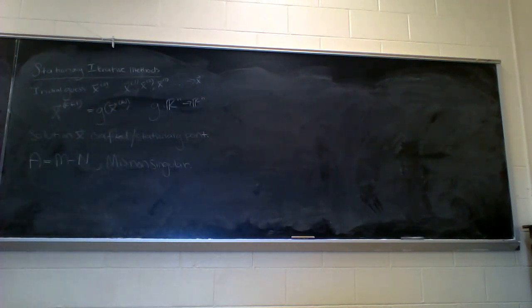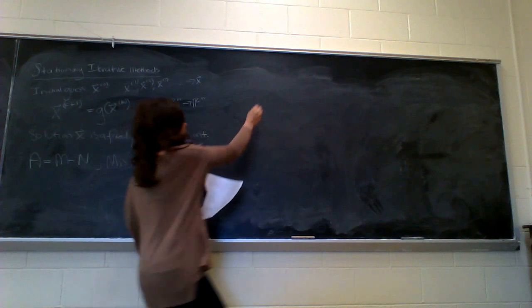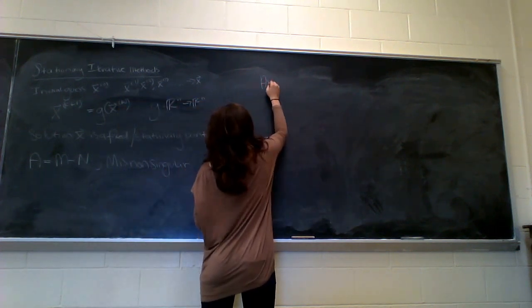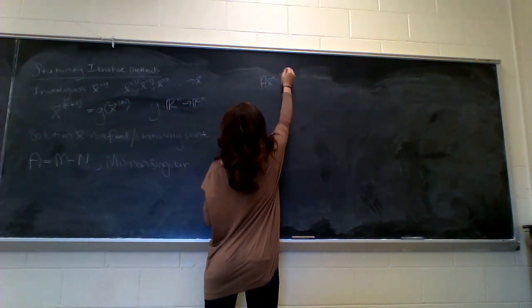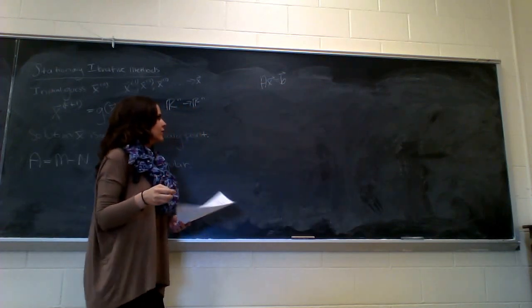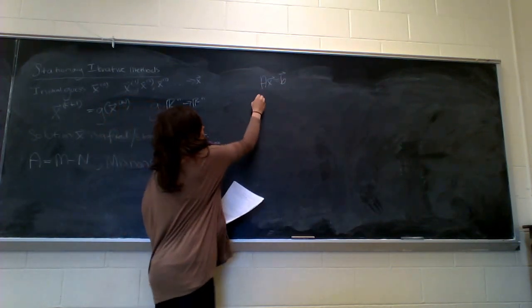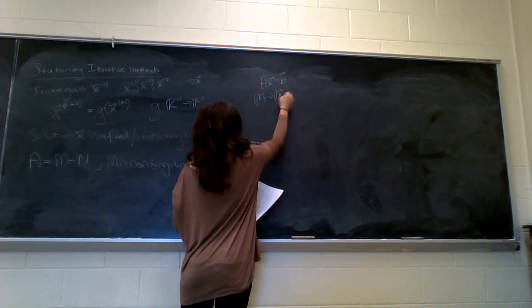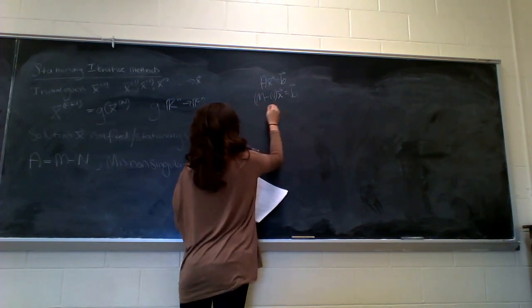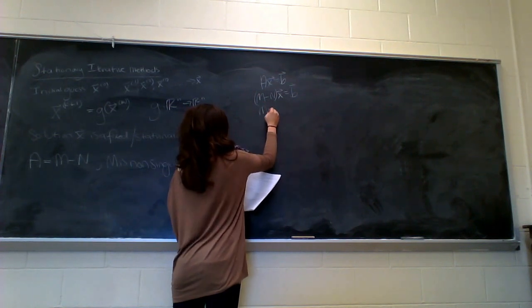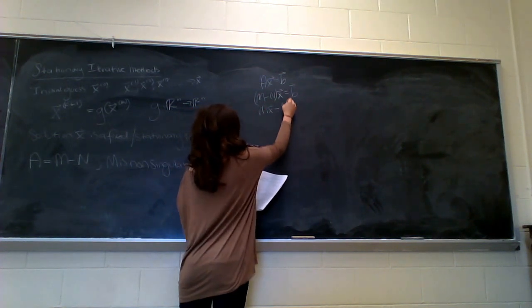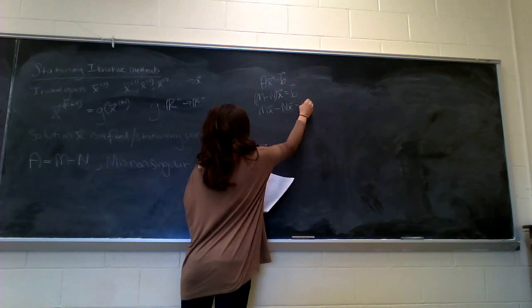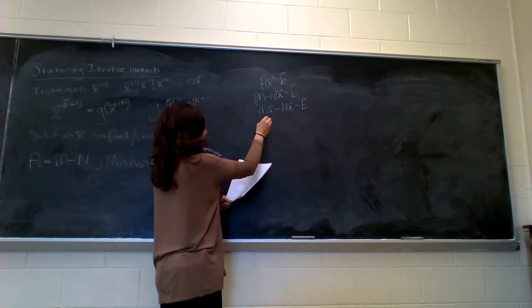Okay, so if we have Ax equals b as our system that we're trying to solve, then we can substitute M minus N in the place of A. So we have (M minus N) times x equals b. So that gives Mx minus Nx equals b.